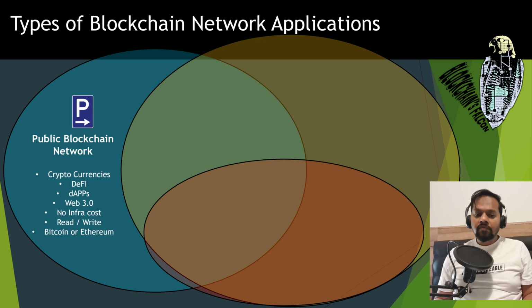There is no infrastructure cost in this one, because you just need to build your own application and then connect with the blockchain network. You don't need a server to run anything, unless you require something, maybe you are processing something, then that is a different story. But if you are writing a decentralized application, then of course you don't need any server.